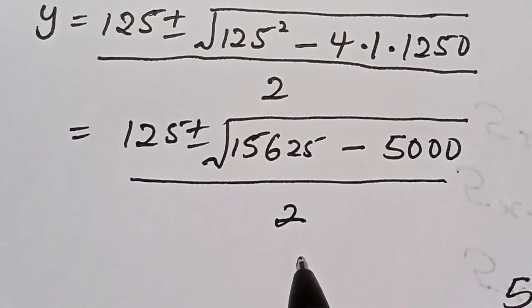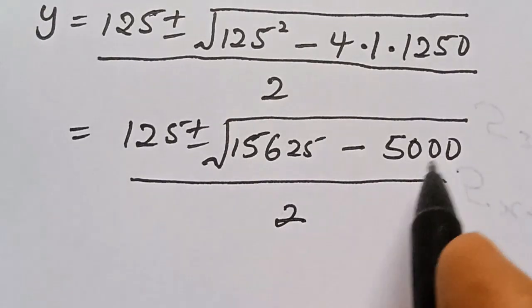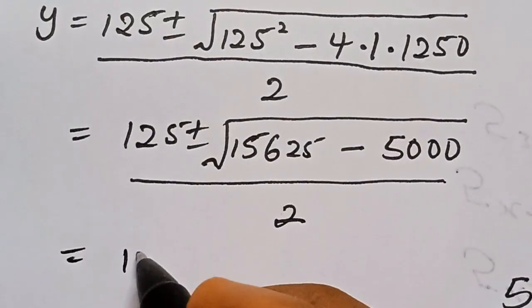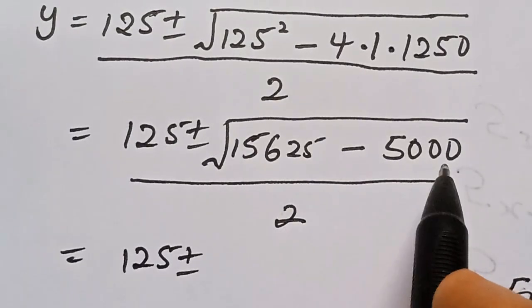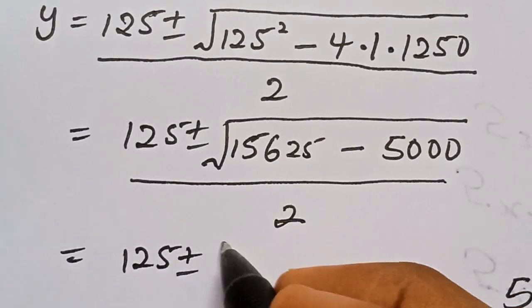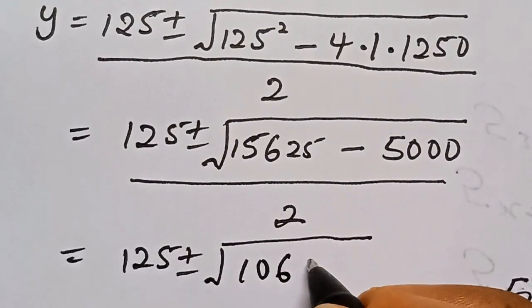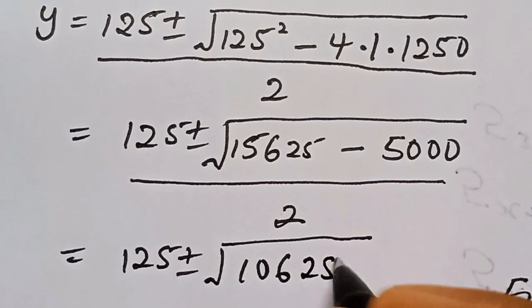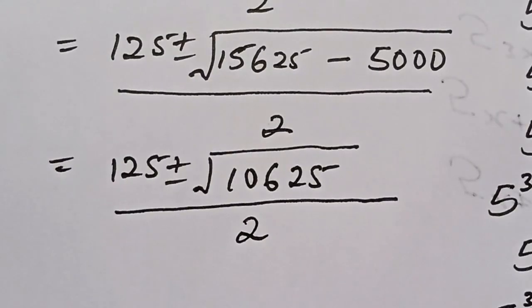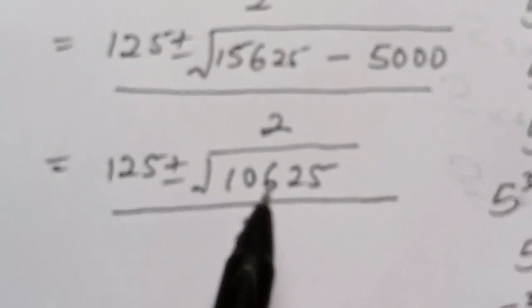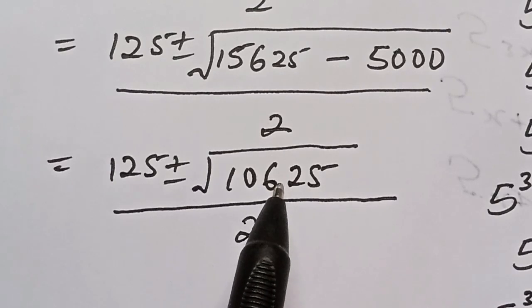The next thing is to subtract the expression in the square root. So we have 125 plus or minus the square root of 10,625, all over 2.